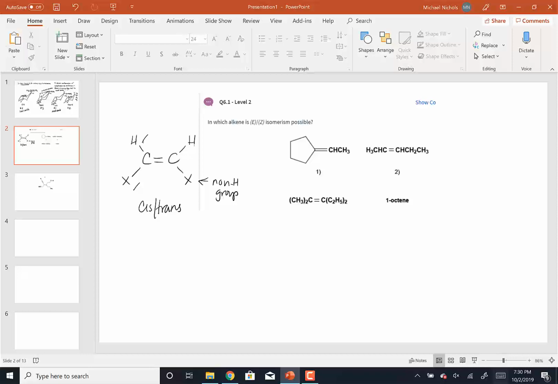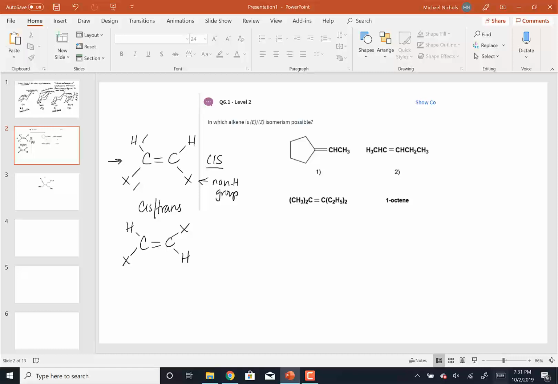And the reason we can do that is because if I asked you if the top molecule is cis or trans, you would say cis. It doesn't matter whether you look at the two non-hydrogen groups or the two hydrogen groups.